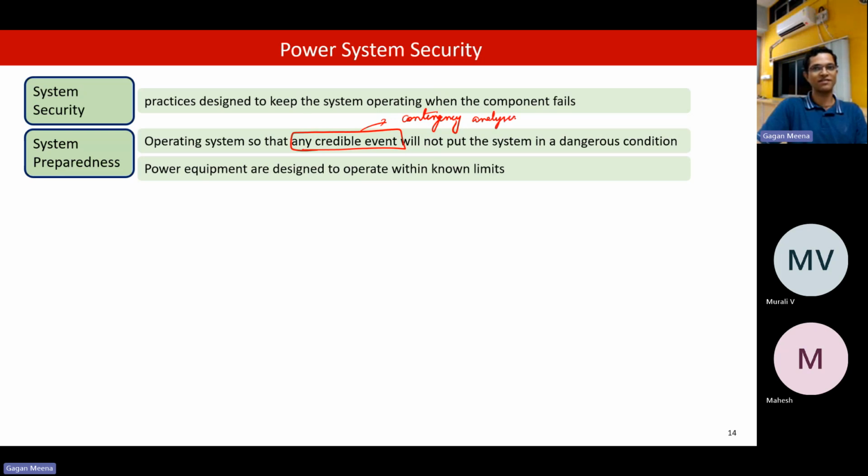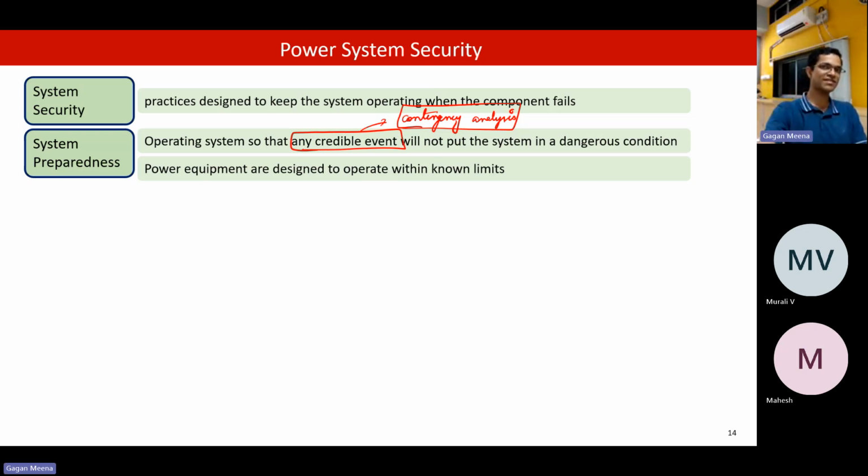The credibility of an event will be decided based upon this analysis. All the different types of events will be studied, and then they will be considered as credible or incredible. Not all events will be very serious, and some events might not even have any major impact. They can be avoided.